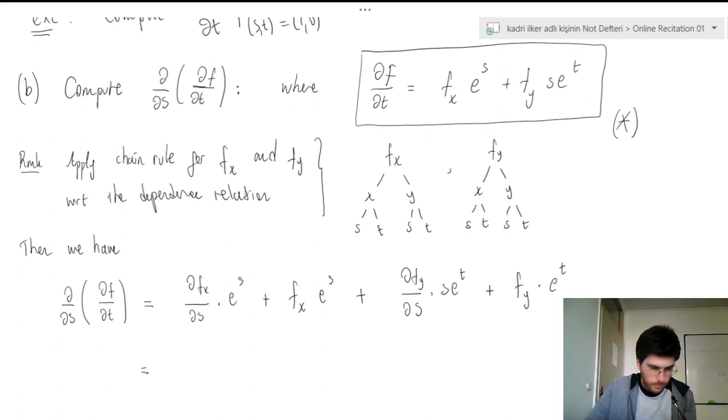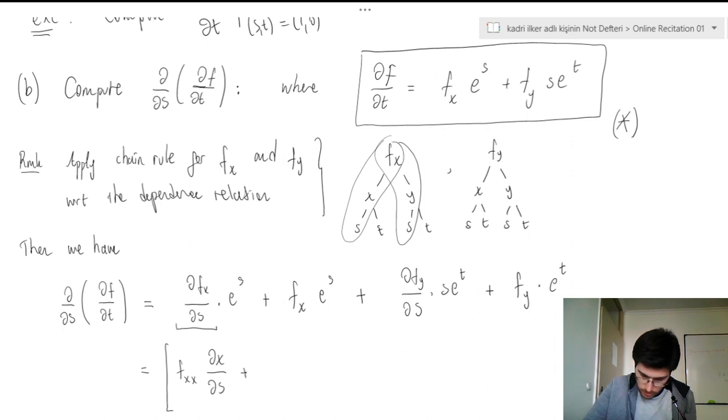Okay, now the hardest part. So this part. Now be careful, because now we should follow this path and this path. Therefore, we have f_xx, differentiate x with respect to s, plus differentiate f_x with respect to y, and then differentiate y with respect to s. Okay, now it's done.